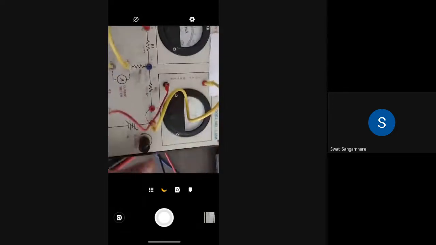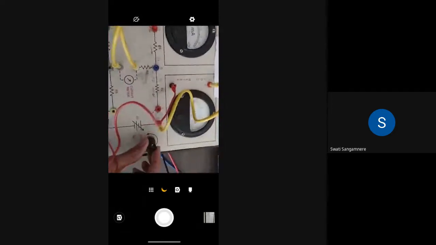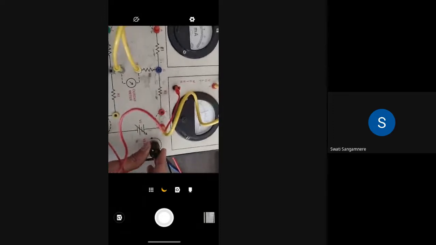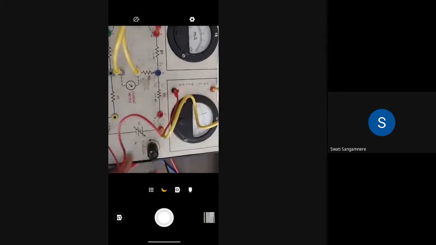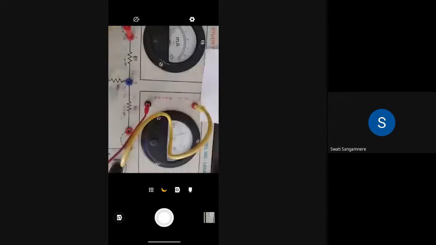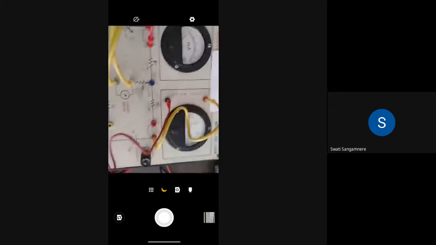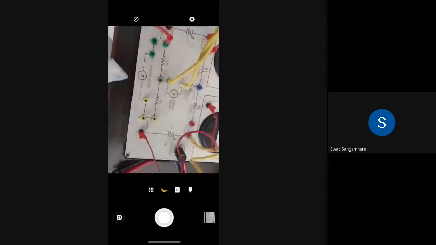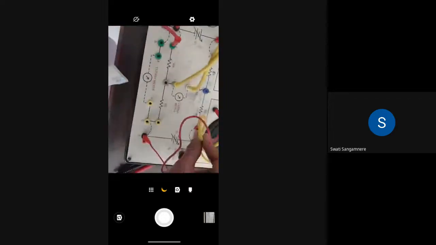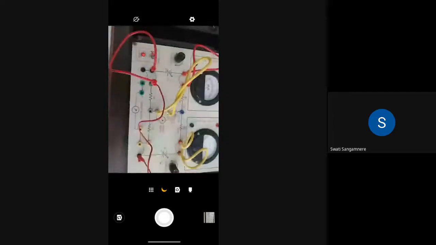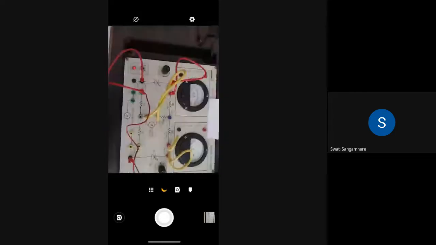With the help of this knob, we can adjust the second voltage source V2 to 5 volts.